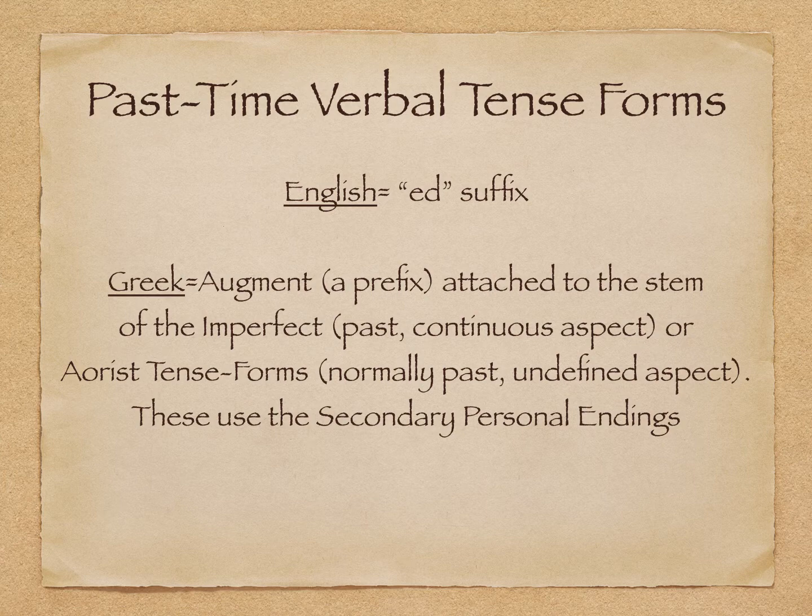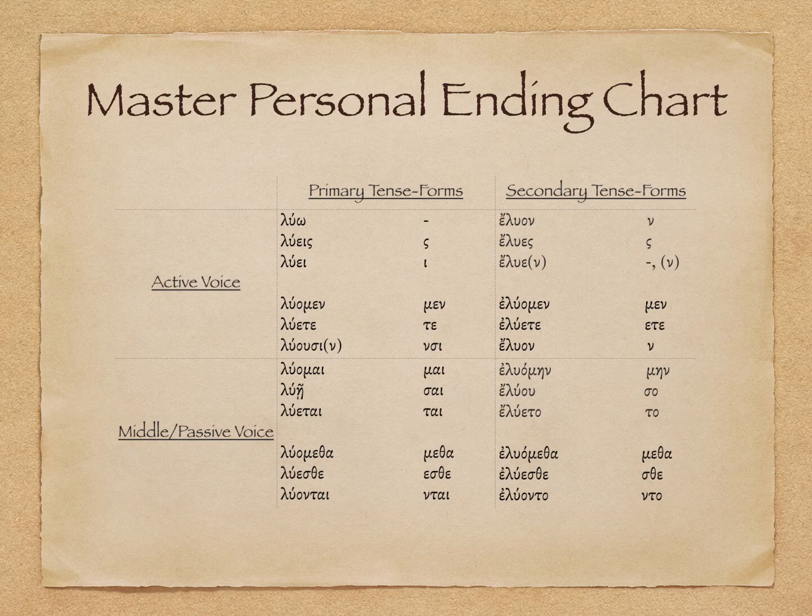But today, we just need to learn the basic grammar of the imperfect. As well as the aorist, it is a past tense form generally, or the imperfect always, the aorist generally, and it uses a prefix. And the prefixed forms, the past time forms, the imperfect and the aorist, use secondary tense form endings. Here's the master personal ending chart. We've already looked at the primary tense forms, and now today we learn the secondary, active and then middle.